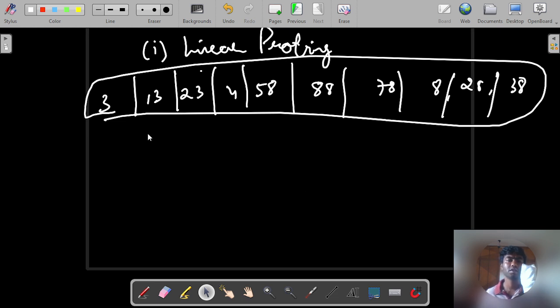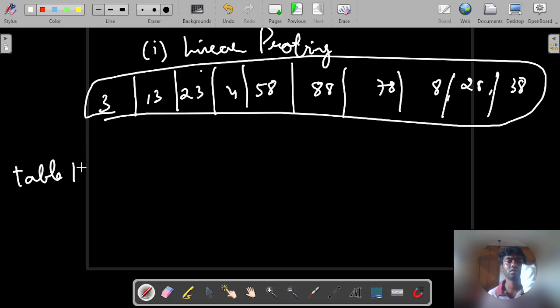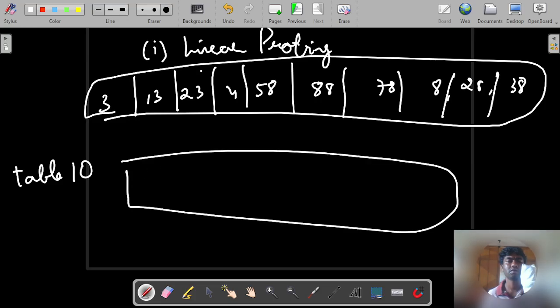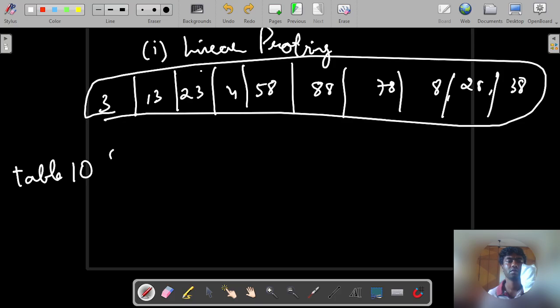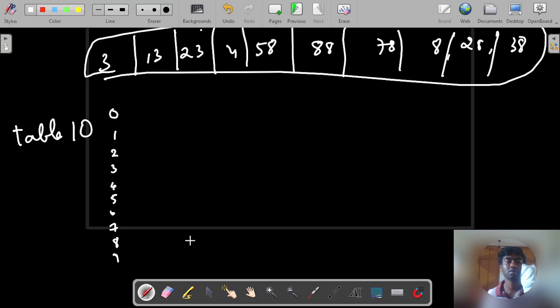So let's say these are the 10 different values, and let me have a table size of 10. So let's take 1, 2, 3, 4, 9.